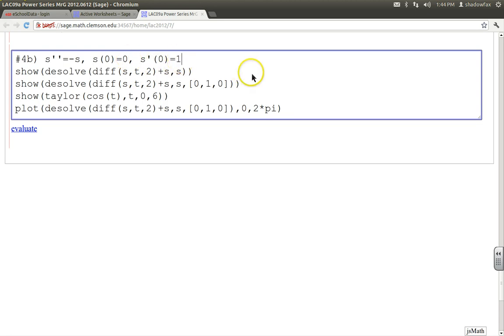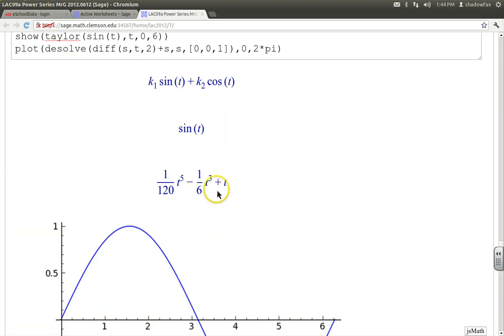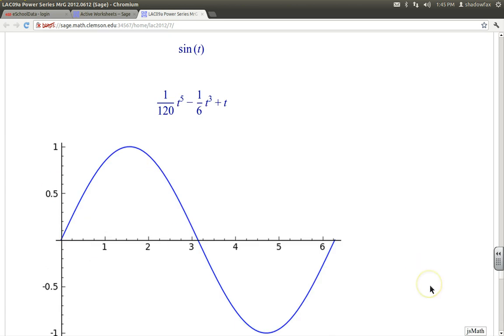Okay, so show the DE solve, second derivative plus that's correct. But now the initial condition is 0, 0, 1. So we think it's sine, and let's see that that's what we get. Did it change everything? Yep, that's the expansion for sine. There's a sine, 1 period, perfect.